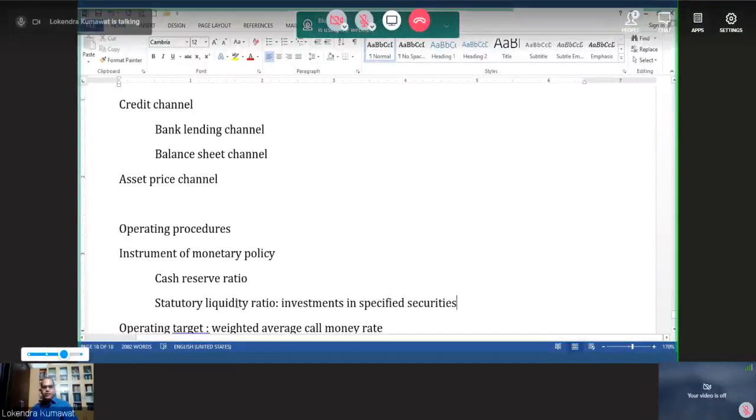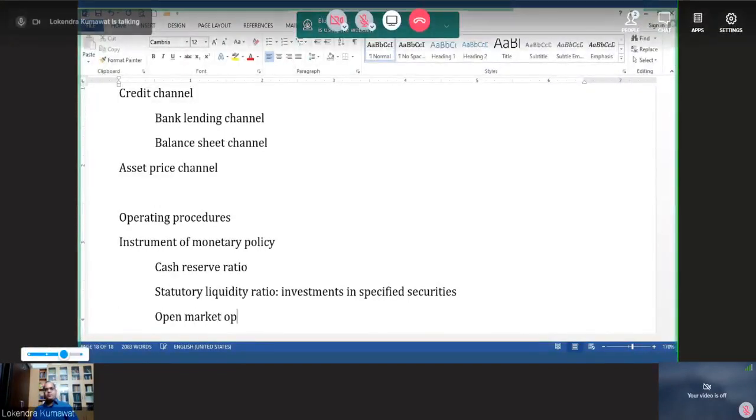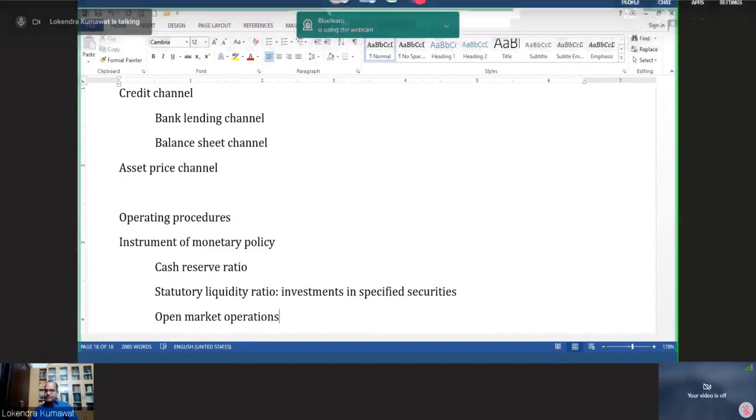The third is open market operation. Open market operation means sale or purchase of government securities in the open market. It could be other securities, but mainly it is government securities.